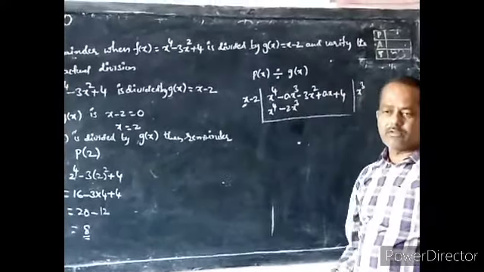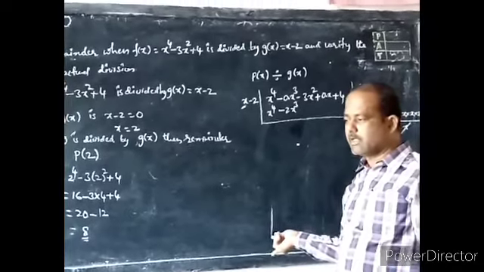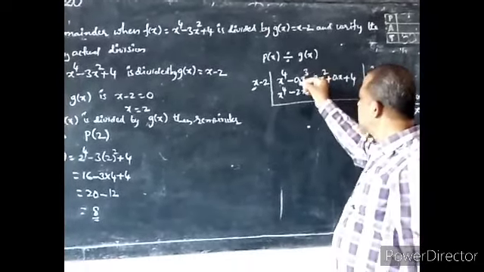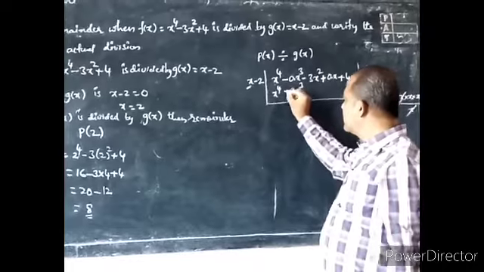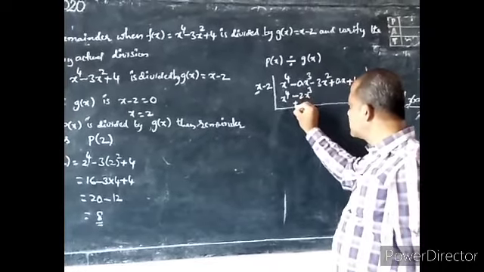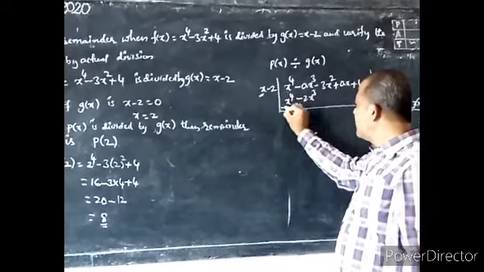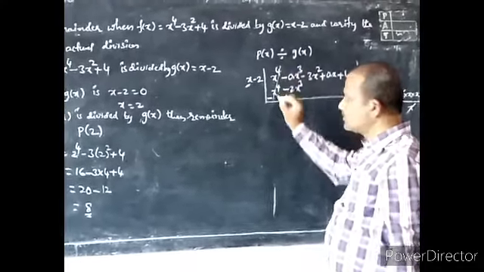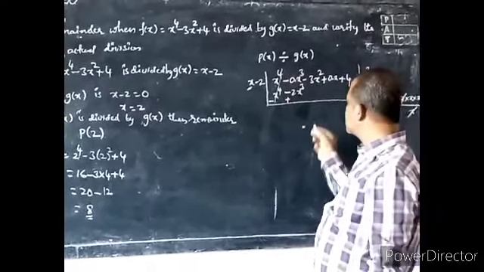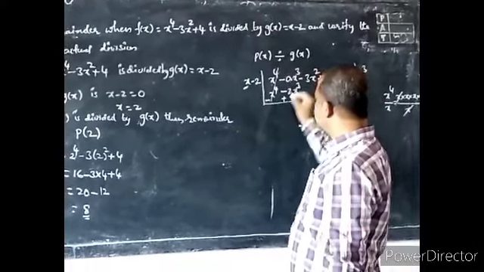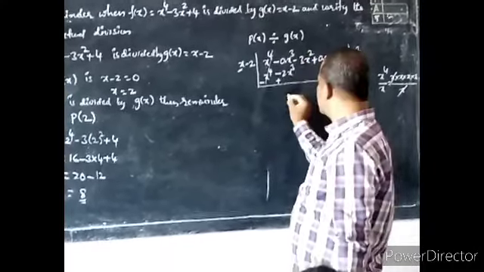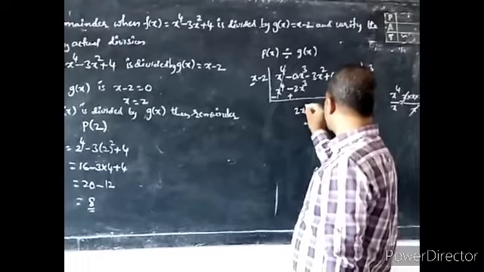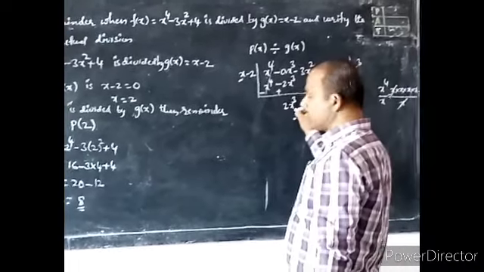Generally, what do we have to do in the division? Subtraction. When we subtract, minus becomes plus and plus becomes minus. X power 4 minus x power 4 is 0. Here 0x cube plus 2x cube is 2x cube only. Here the x cube term stays as it is.